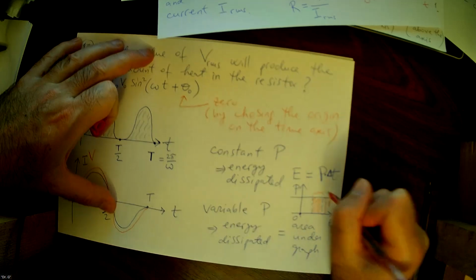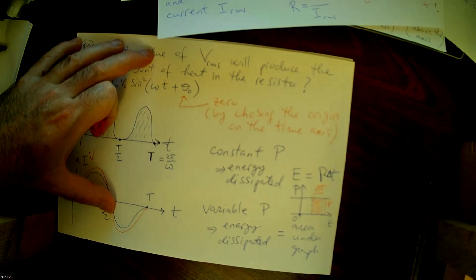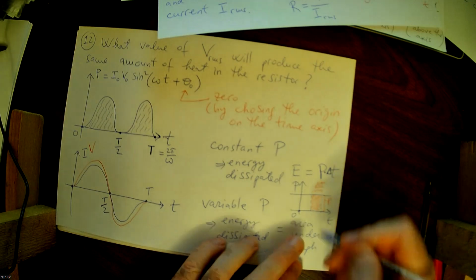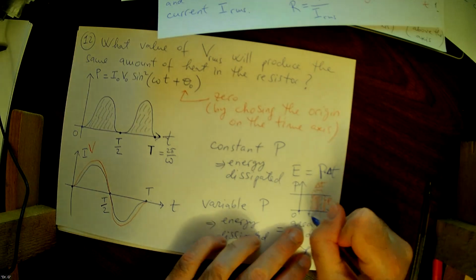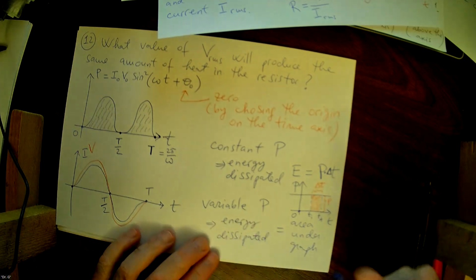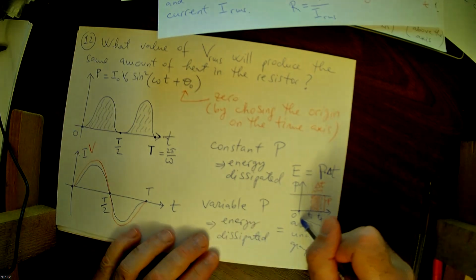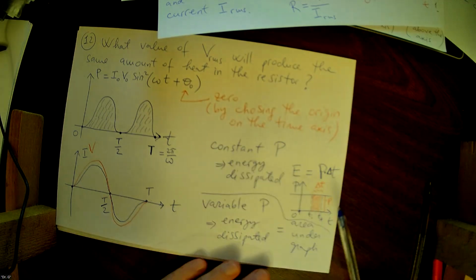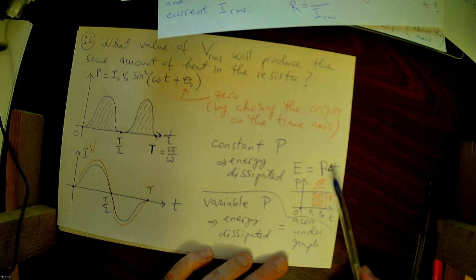From here to here, I have the change in time, from an initial time to a final time. So the energy dissipated is the area of this rectangle.